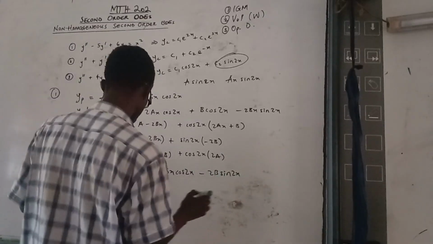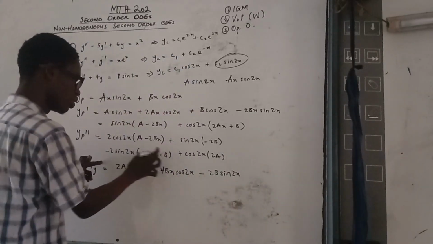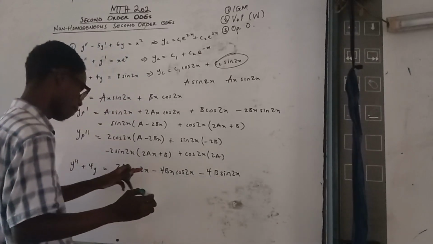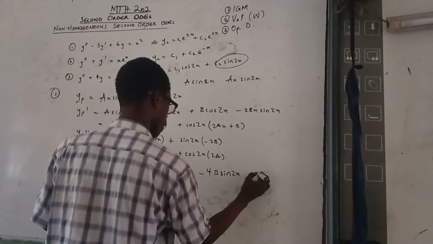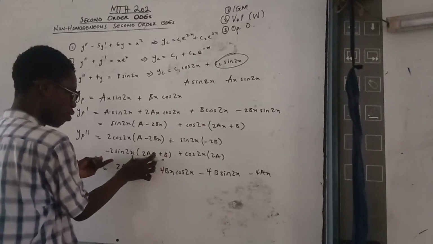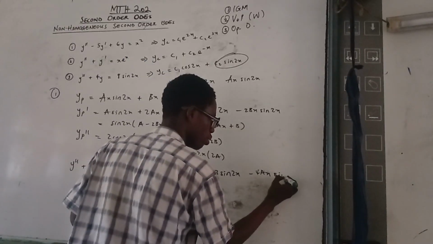For this minus 2b, I'm using the b first, this is another minus 2b sin 2x, so this will make it minus 4b sin 2x. Minus 4ax, I'm opening the bracket please, minus 4ax times 2, 2x times 2, minus 4ax sin 2x.